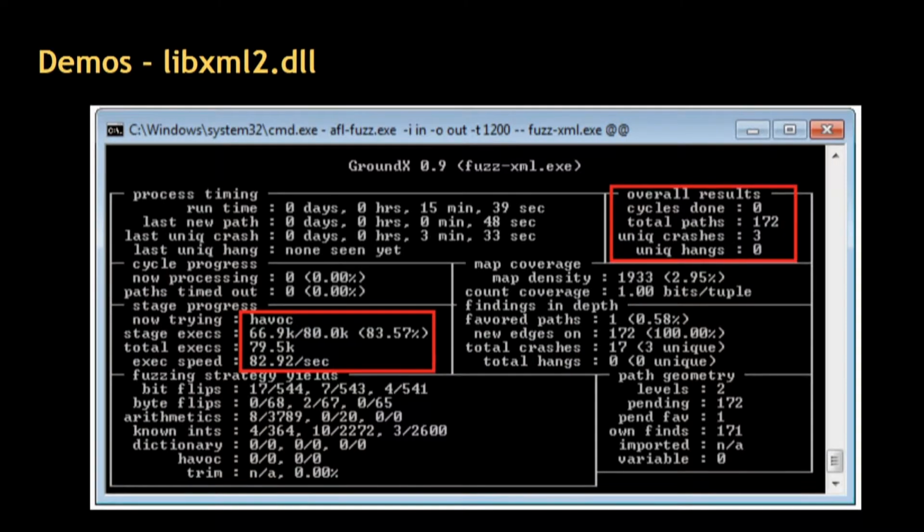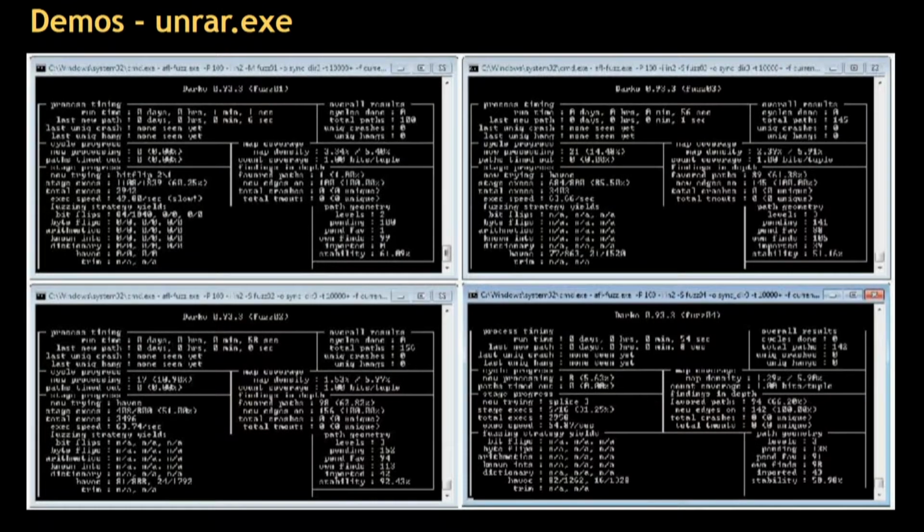This is fuzzing xmllint, the modified xmllint with the injected instrumentation. We can achieve close to 90 executions per second on Windows. This is testing on RA.